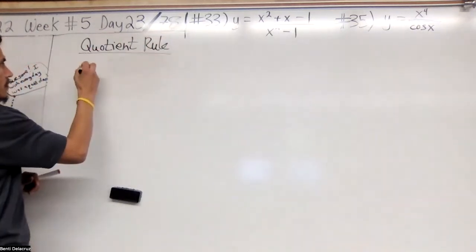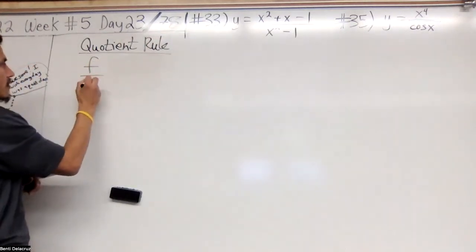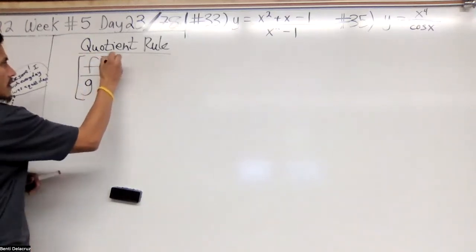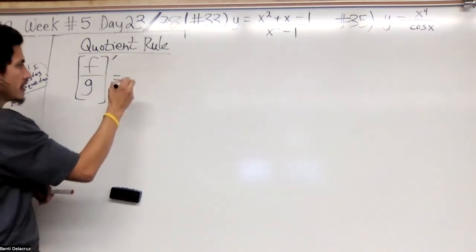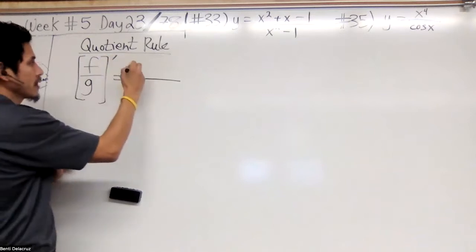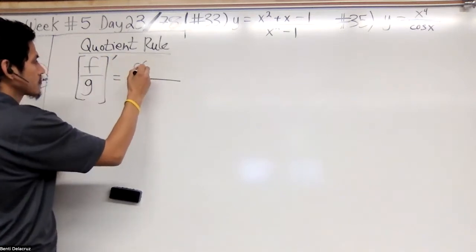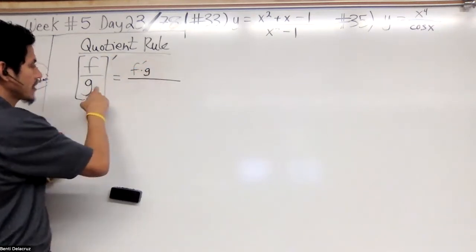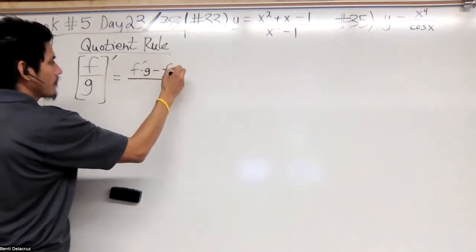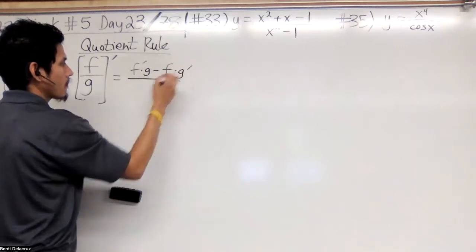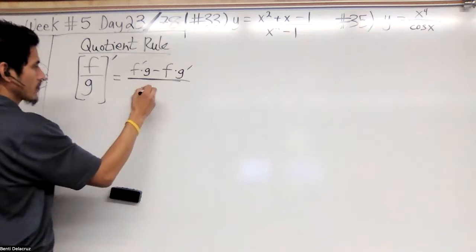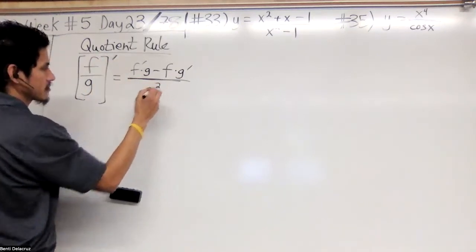When you have a fraction, or one function divided by a function, let's say f over g, and you want to take the derivative of this, it will be equal to the derivative of the top function, f prime, times g, the bottom function, minus f, the top function, times g prime, all over the bottom function squared. It's all over g of x, or the g function squared.